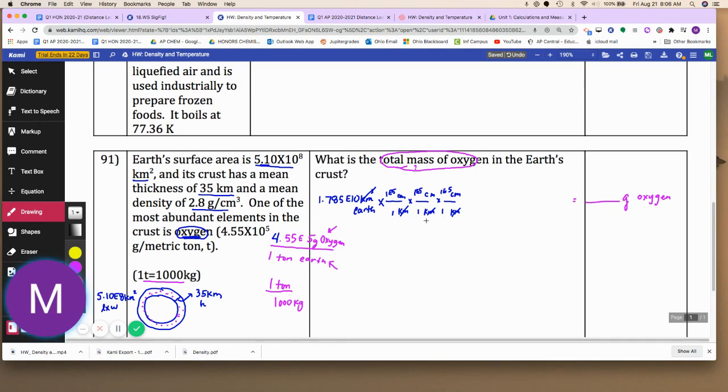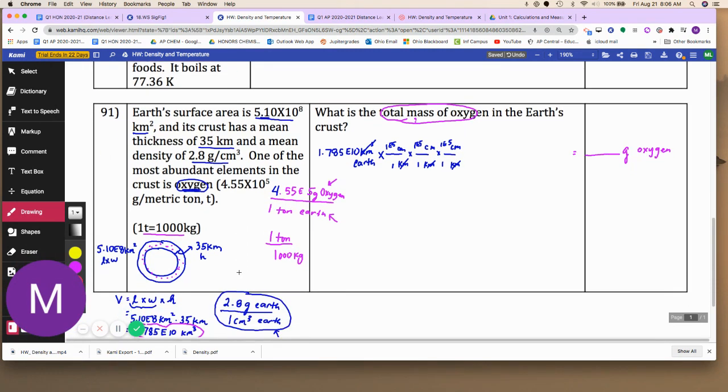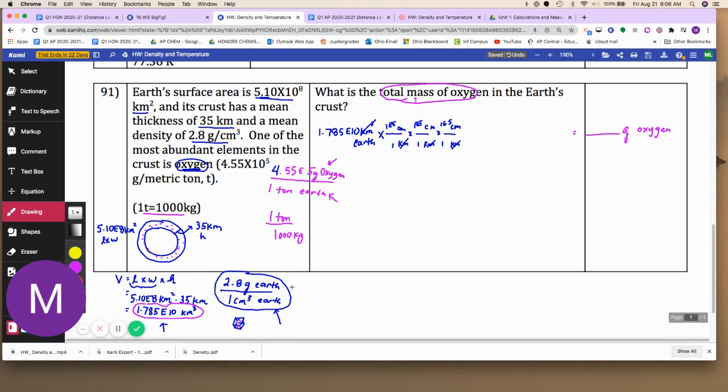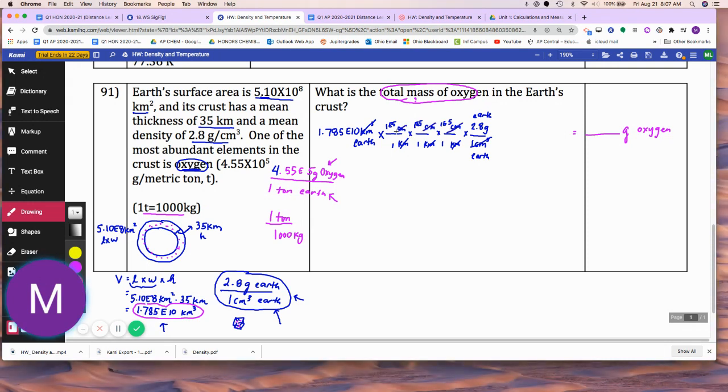When you're doing these problems, keep checking on the units. So now you're in centimeters cubed. I can use something with centimeters cubed. I can use this conversion right here. Okay, so 1 centimeter cubed of Earth, remember this is all Earth still, is 2.8 grams of Earth. Okay, so that cancels with the centimeters cubed, looking good.